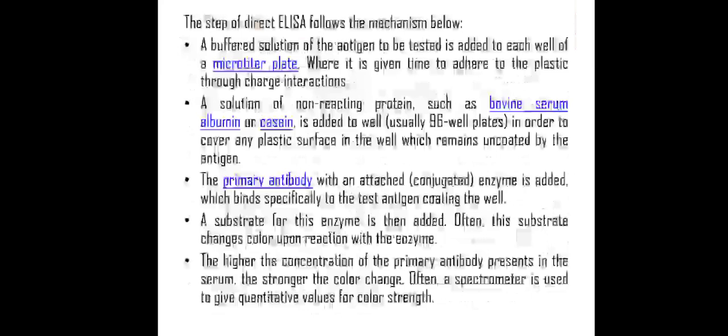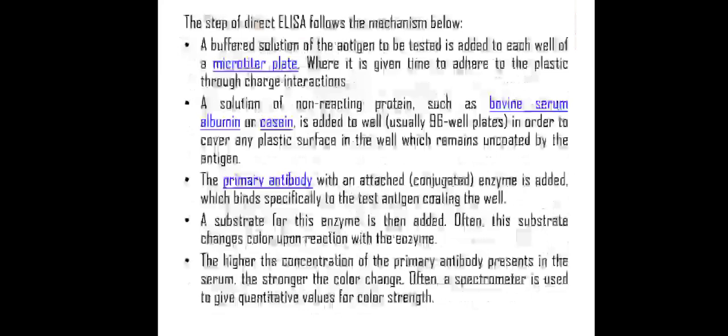A solution of non-reacting proteins such as bovine serum albumin or casein is added to the wells, usually 96 well plates, in order to cover any plastic surface in the well which remains uncoated by the antigen. Then the primary antibody, which is conjugated with the enzyme, is added and binds specifically to the test antigen coating the well.